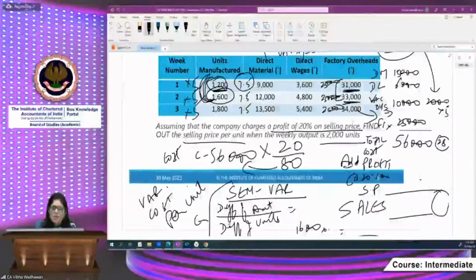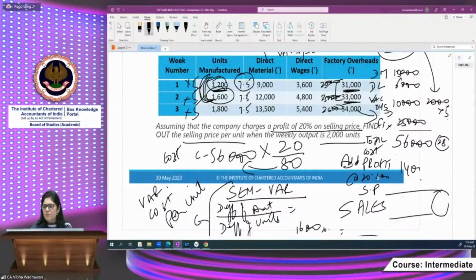Clear? So this should align. So 56,000 cost must be 80%. So we can calculate 56,000 into 20 divided by 80. Profit will be 14,000. So this will be 70,000. Sales is 70,000 divided by 2,000.